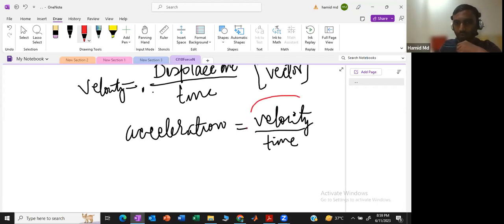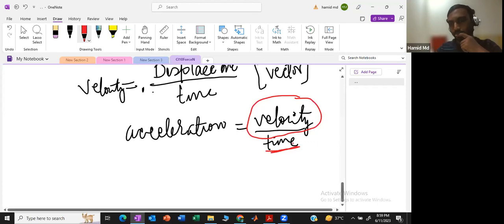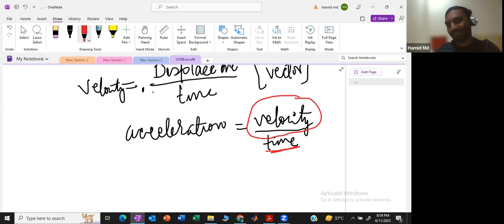So tell me, what is this quantity? Vector quantity. Okay. What is this quantity, the time? We are not aware whether it's a vector or a scalar. Time never follows the vector addition rule, so it's a scalar.